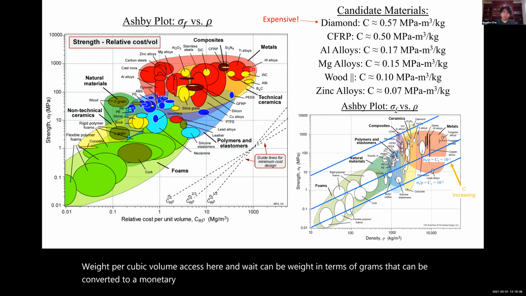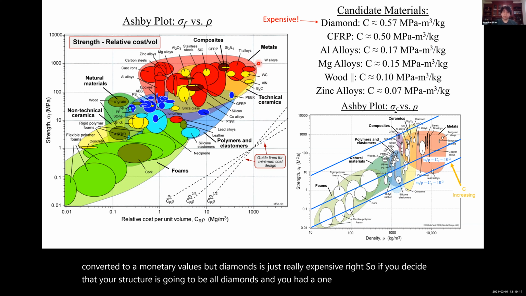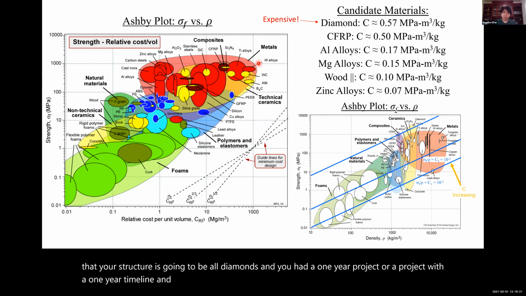But diamond is just really expensive, right? So if you decide that your structure is going to be all diamond, and you had a project with a 1-year timeline and enough budget for it, if you use all diamond, you're going to basically blow out that budget in less than a week, right?